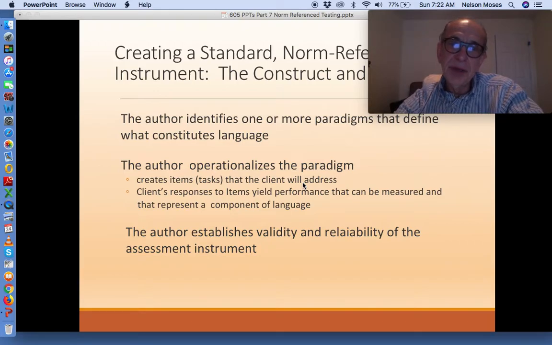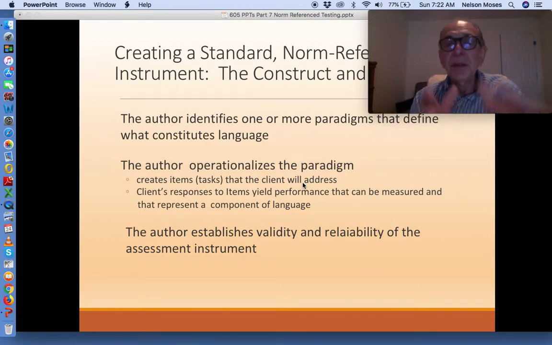Does everybody know the difference between validity and reliability? Reliability refers to consistency of assessment. That is, if you gave that assessment instrument in the morning on a Monday, would you get the same results that you would get on, say, afternoon on a Thursday, given that it's the same client? That's reliability. There are, again, multiple kinds of evidence of consistency, and in fact more than that kind of consistency.